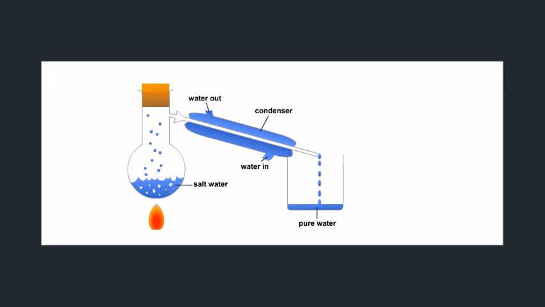The water gas, the steam, will come through the condenser. It's cooled because there's water coming in through here and water coming out through there, and it will condense back into water, and what you will get here is pure water. What you'll get left in here is you'll get the ink. Okay, so this is where you remove the water from the ink water mixture.